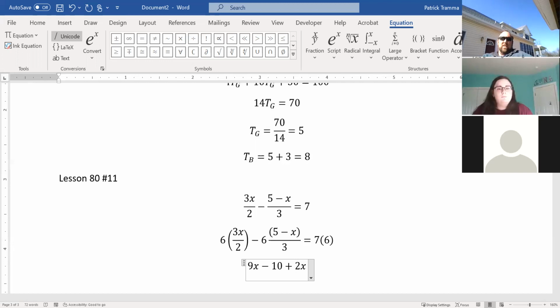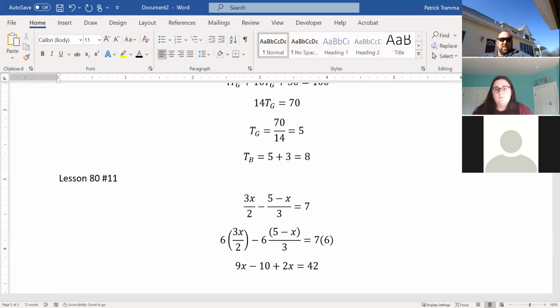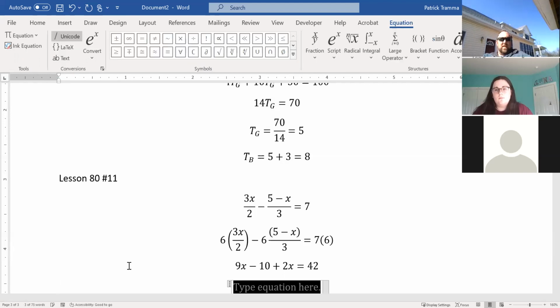There you go. Positive 2x. Exactly. So it's a little tricky to multiply, but once you multiply through, then it's an easy equation. 7 times 6 is 42. Okay. So now let's simplify the x's and then add 10 to both sides.